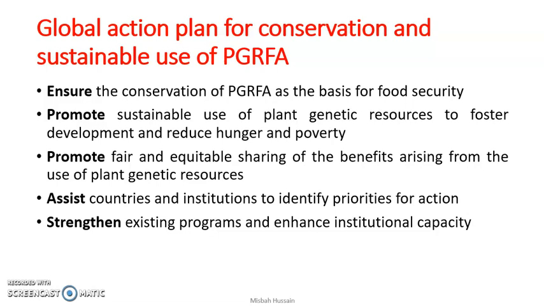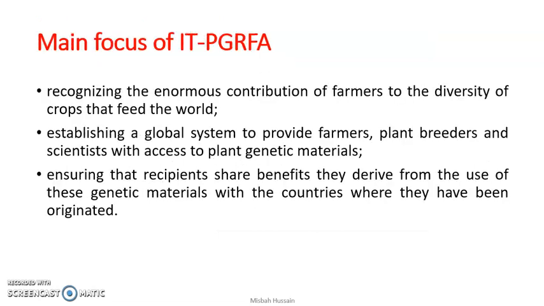And if they already have some programs running for the protection or conservation of plant genetic resources for food and agriculture, they should be strengthened, and the institutional capacity should be enhanced for research and capacity building, for trainings and workshops, so that they can train new students who can work in the same field and make a stronger team for the conservation and sustainable use of plant genetic resources for food and agriculture.